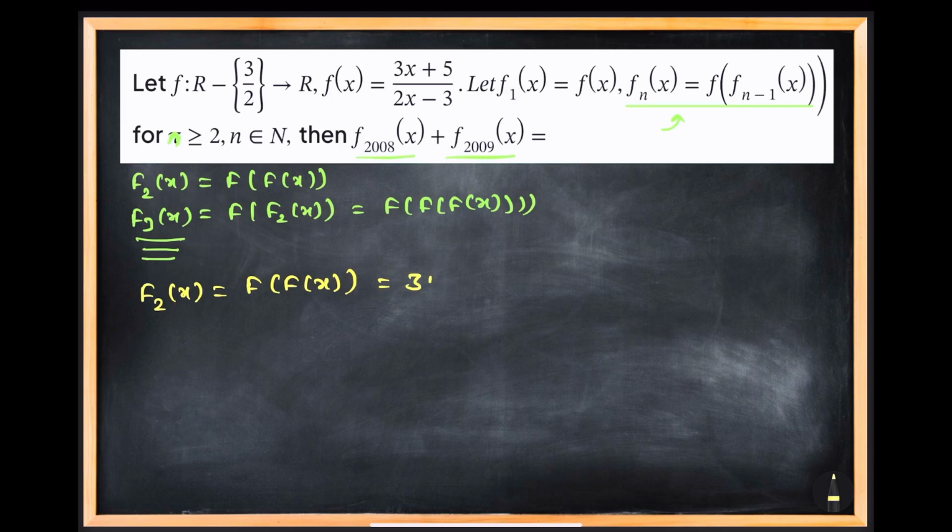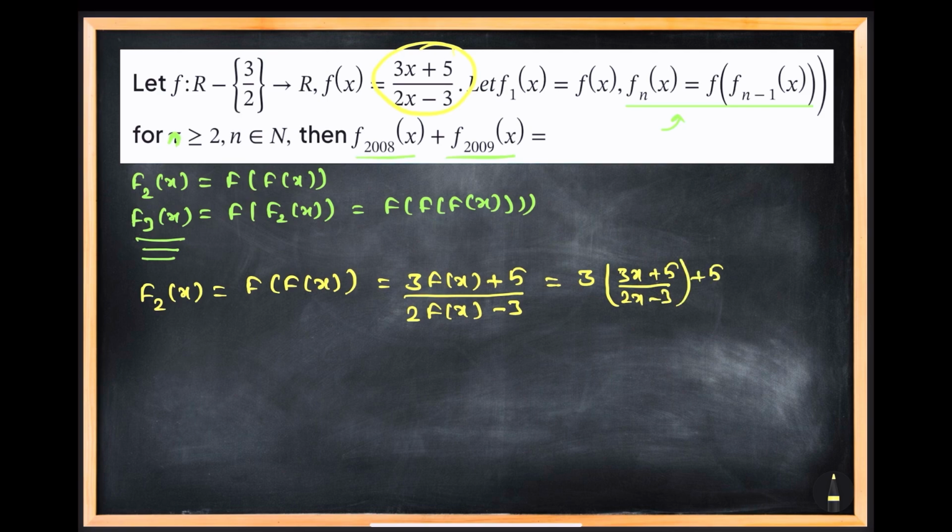So can I write 3 times f of x plus 5 by 2 times f of x minus 3. Now it's time to replace f of x. So who is f of x according to you? It is 3x plus 5 upon 2x minus 3, no? So replace it.